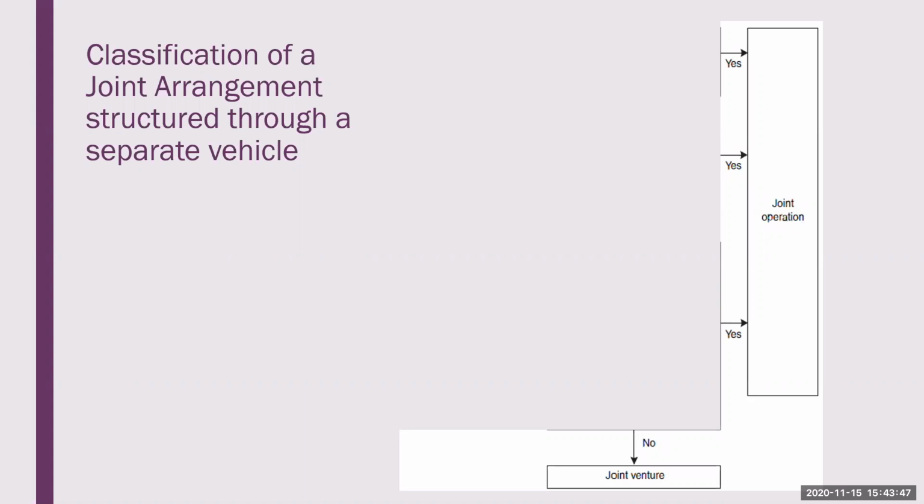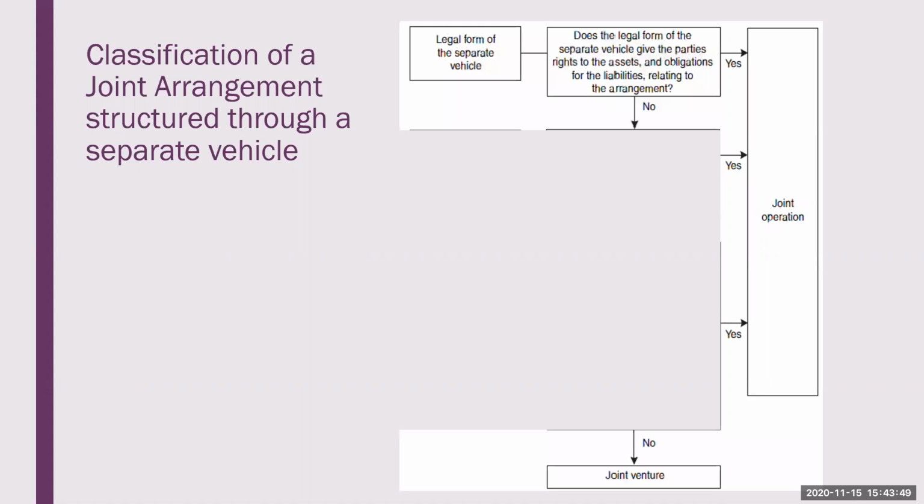So the first thing to look at is the legal form of the separate vehicle. So the question to ask is, does the legal form of the separate vehicle give the parties rights to the assets and obligations for the liabilities relating to the arrangement? You may remember from earlier accounting classes, the accounting for partnerships, where the partners have rights to the assets and the liabilities, right?